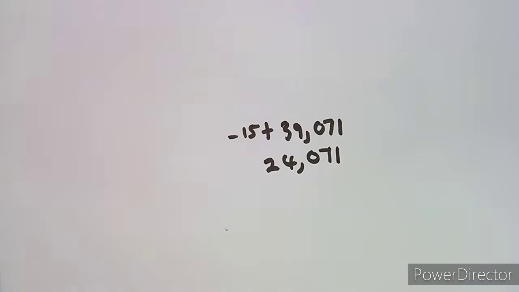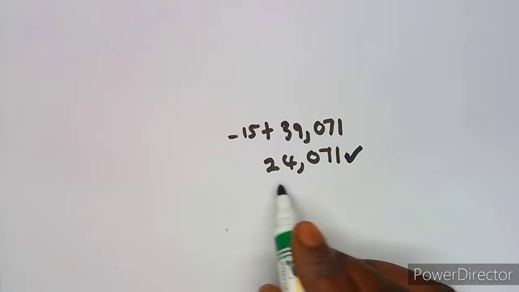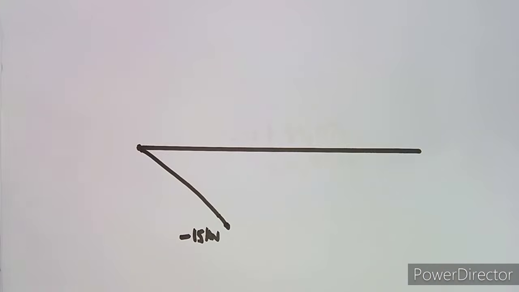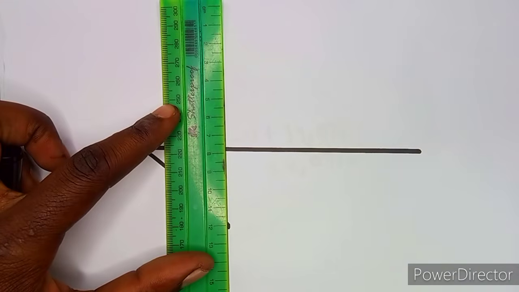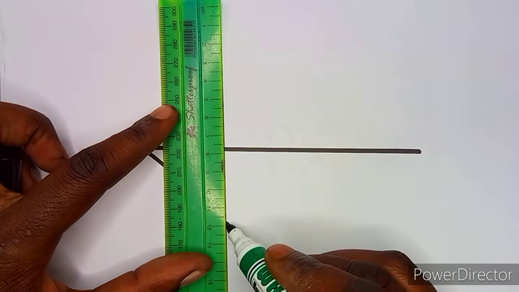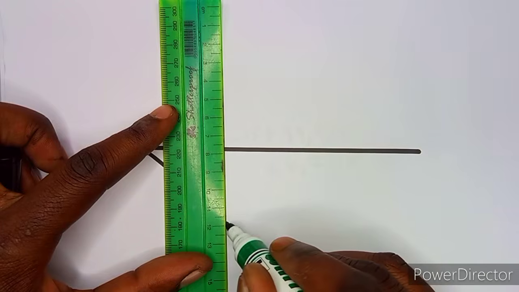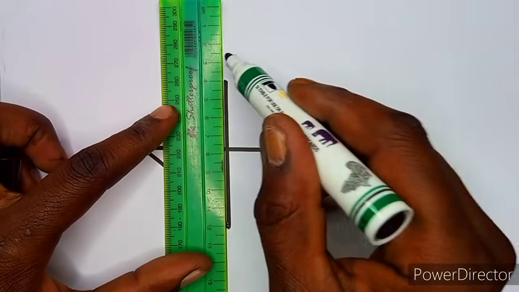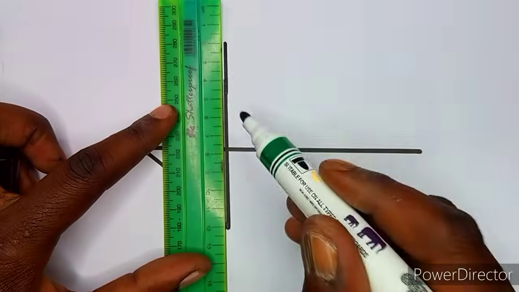If you add, you're going to have 24.071. So this is going to go upwards until it is at 24.071. It's going upwards because it's a support, directly upwards. So let's just say this is our 24, and take it upwards again, something like this.